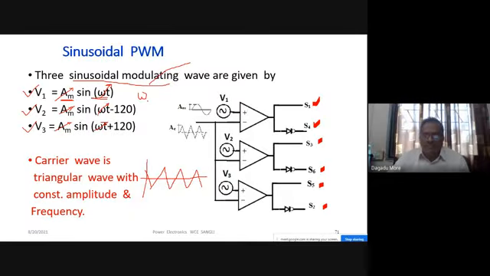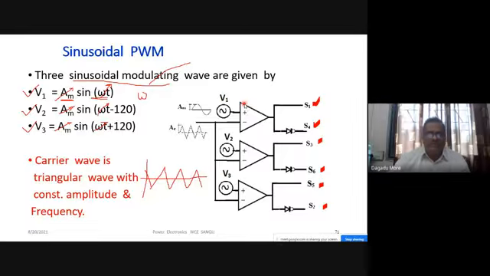Look at the diagram here. These are the three modulating waves, V1, V2, V3. They are given to the non-inverting terminals of op amps. This is the symbol of an op amp. We are comparing these two signals: three modulating waves are compared with one carrier wave.